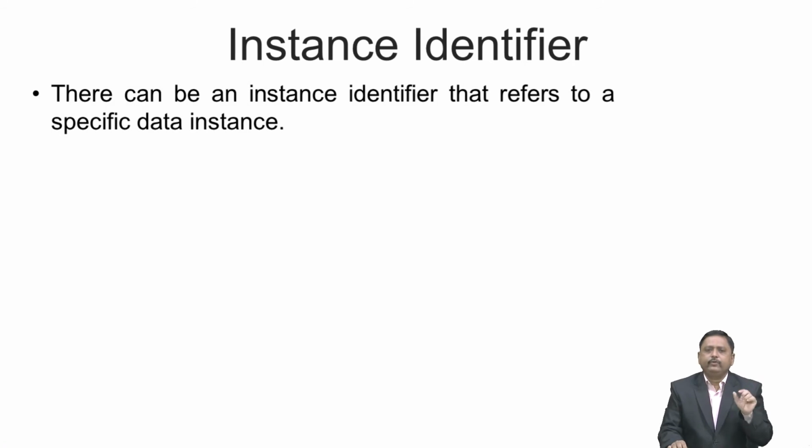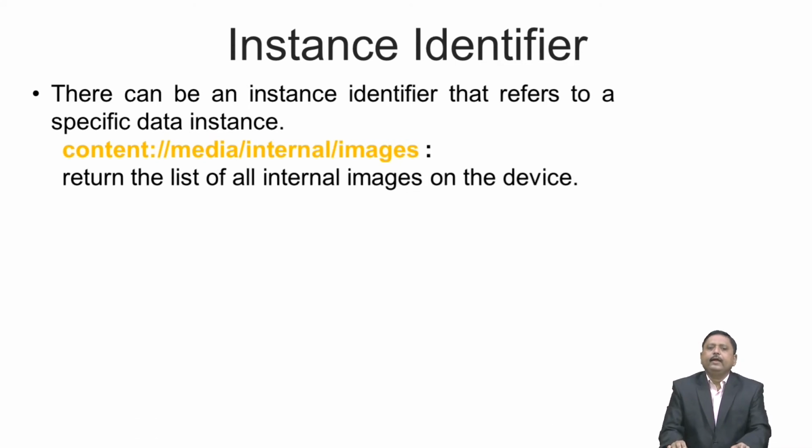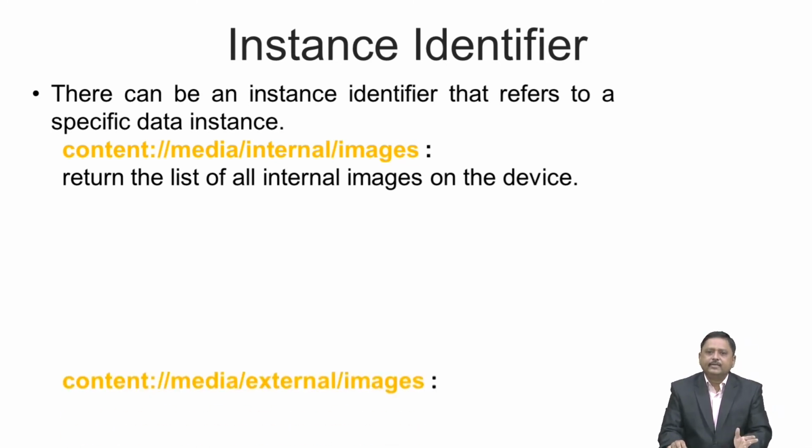Let us try to understand the instance identifier. There can be an instance identifier that refers to a specific data instance. Basically it is a content URI. So can you guess the meaning of this content URI? Content://media/internal/images. Now you understand that it returns the list of all internal images on the device.